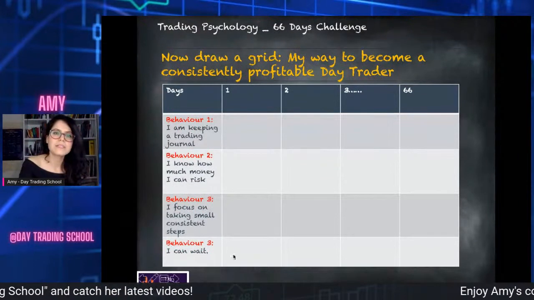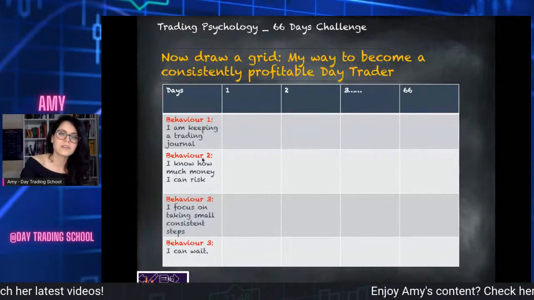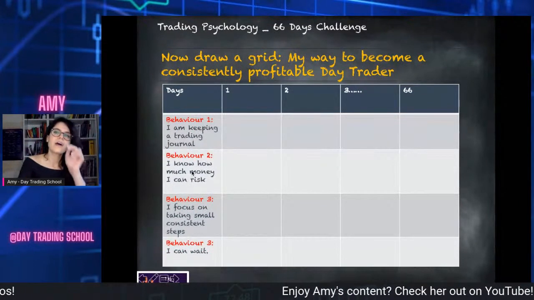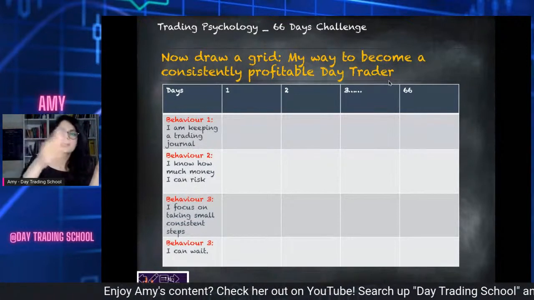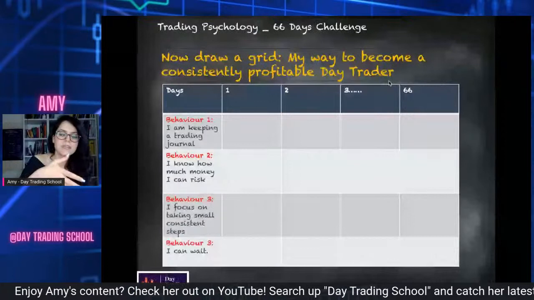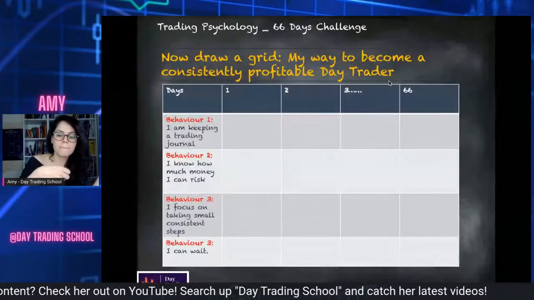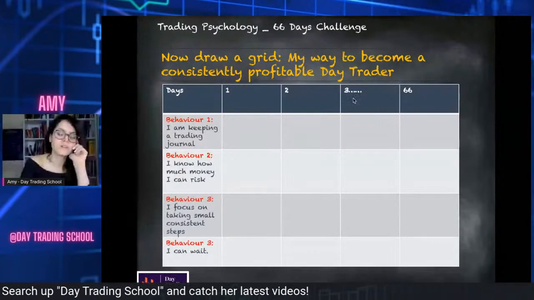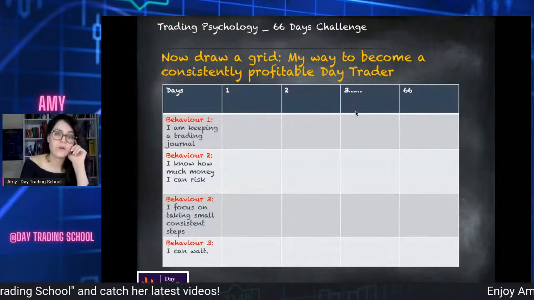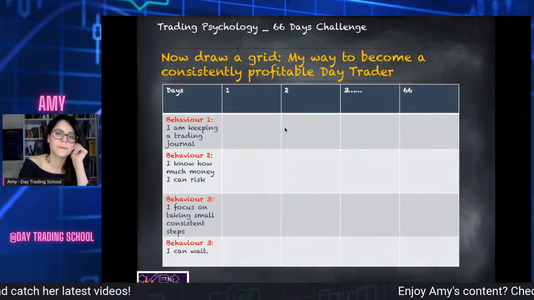That means tracking your actions, and after these 66 days or after 33 days, you can check and see what you can actually improve or what you can change, etc. This is absolutely very useful.